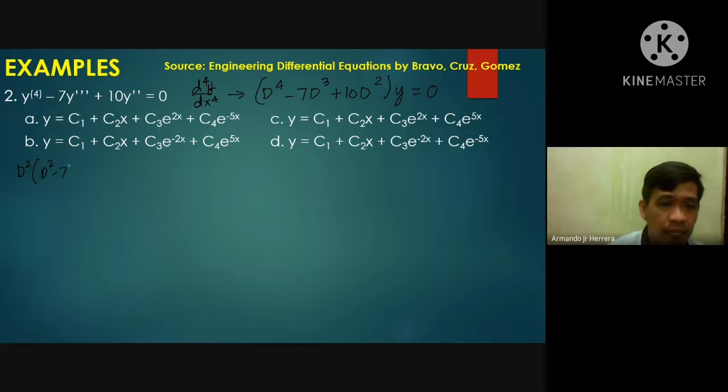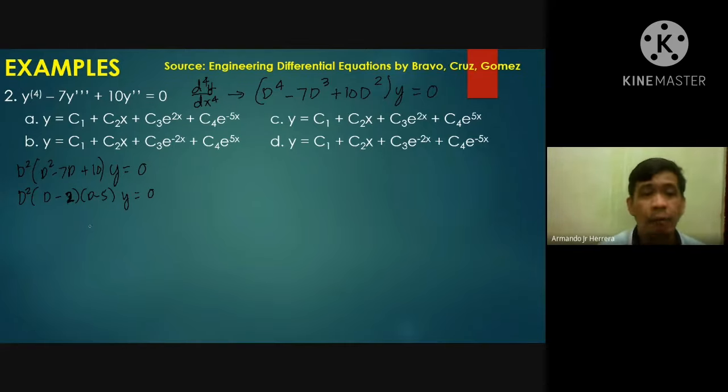D to the second minus 7d plus 10y is equal to 0. So factoring this out pa, so magiging minus 3. Sorry, it's minus 2 d minus 5y is equal to 0.